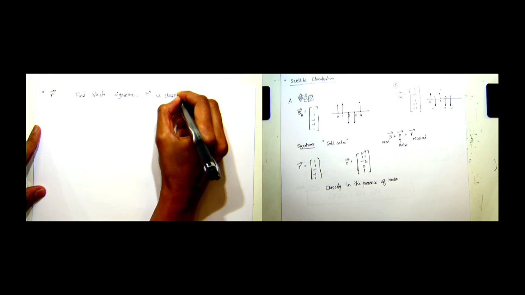So I have my received vector r. Find which signature r is closest to.